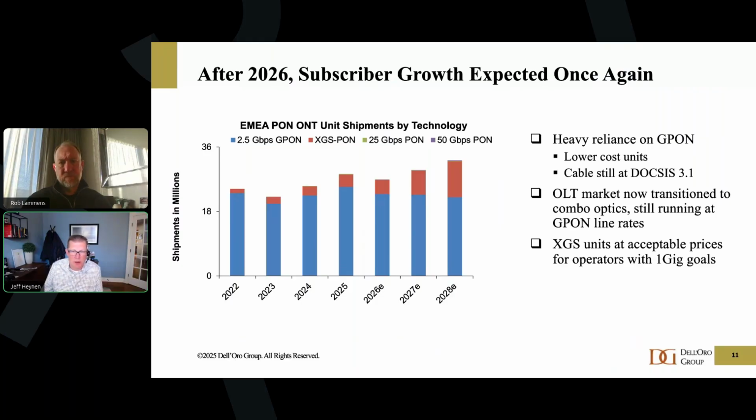And so the price points for those GPON units certainly make sense right now. And of course, as we near closer to the next couple of years, we're going to see far more XGS-PON units enter the market as well.